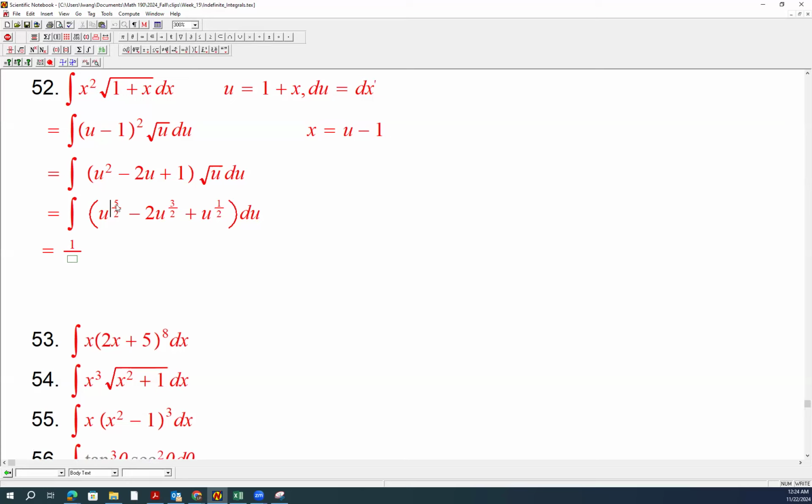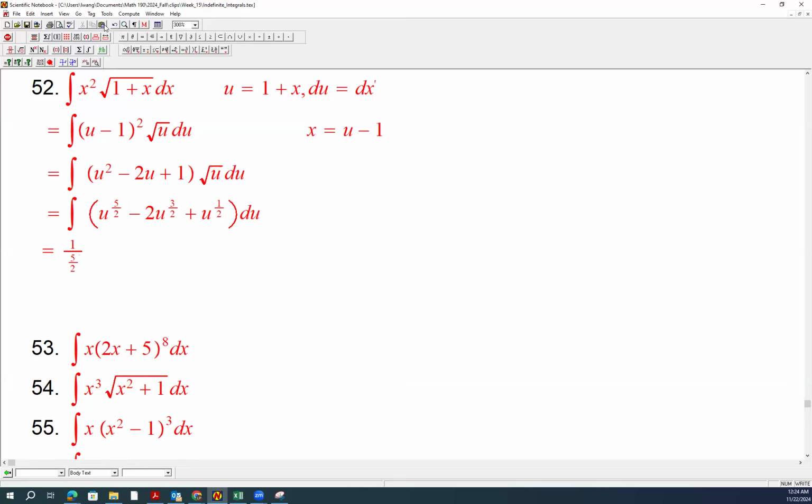All right, so this is a good opportunity to practice our algebra. So this is u raised to the power of 7/2 minus 2, apply the power rule.